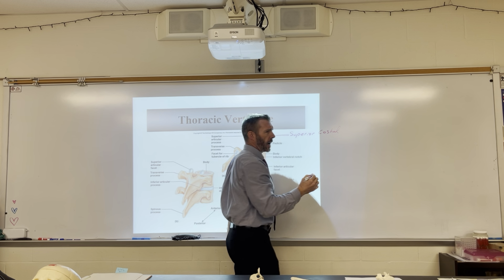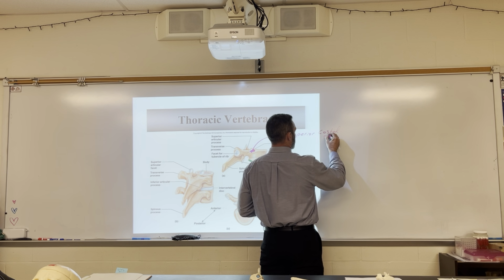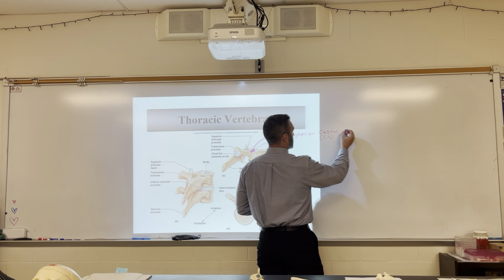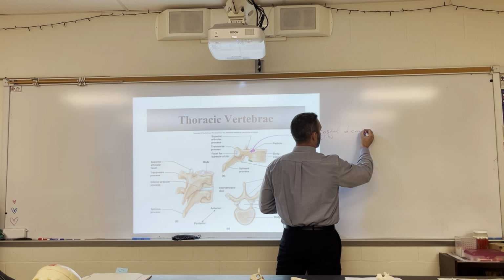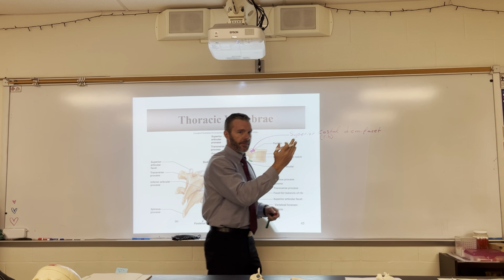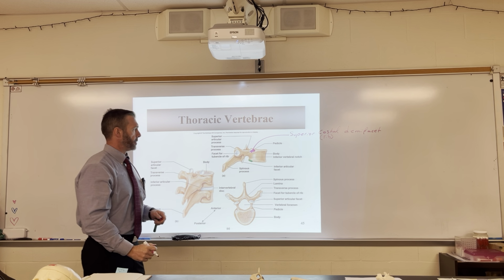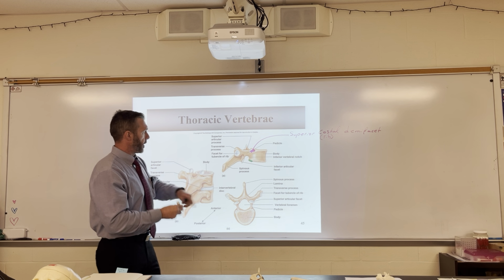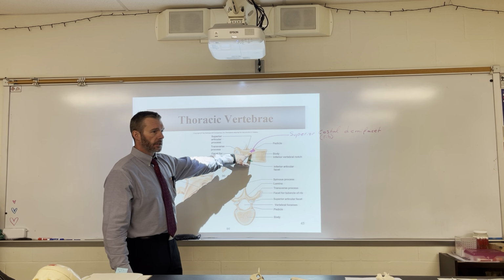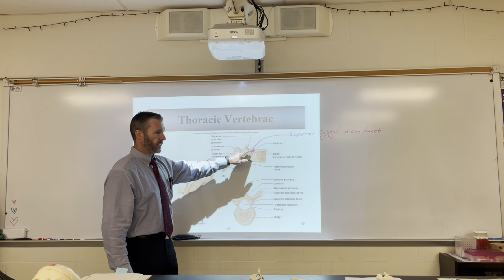You guys remember what costal means? Rib, yeah. So I'm going to put in parentheses rib. So superior costal demifacet. So what does demi mean? That means a half facet. So there's a little divot, if you will, almost like a little dimple. And so on this diagram, it shows the superior costal demifacet, but it actually shows it as a full circle, but actually more of a divot.